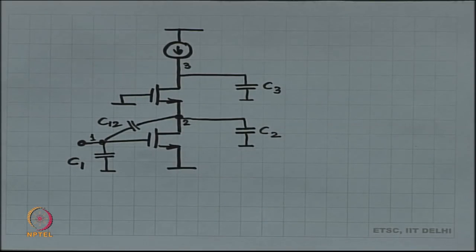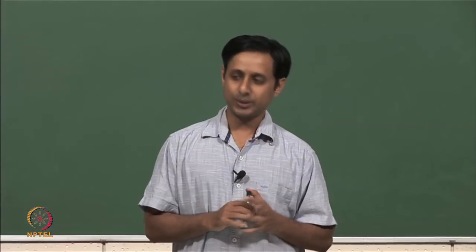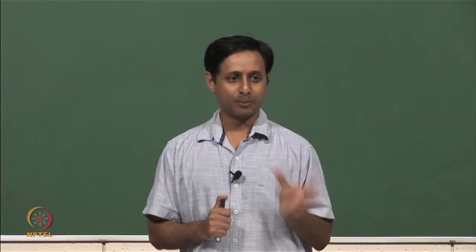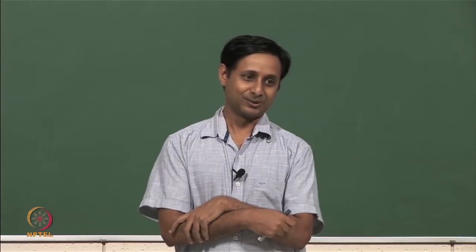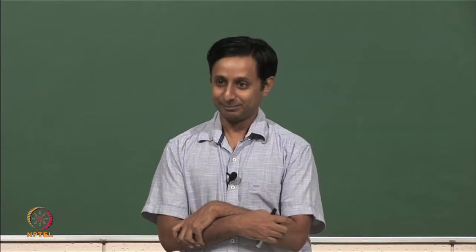Okay. The good news is that the device design guys are not doing a bad job. Okay. When the MOSFET pinches off, beyond pinch off, gate to drain actually goes all the way down, it becomes smaller and smaller, right. So, they are doing a good job. So, C12 over here is actually a small capacitance, it is the smallest of the lot. However, even small capacitances are annoying, right.